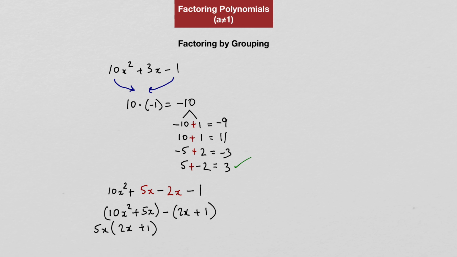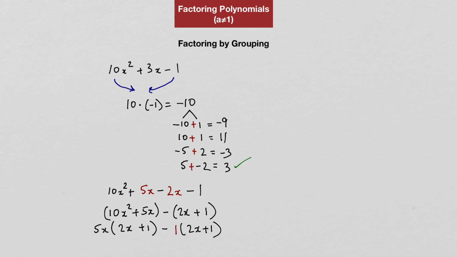Then for the second term, we're going to write it as 2x plus 1. But we also need to recognize that there is an implied coefficient here, and that implied coefficient is 1.